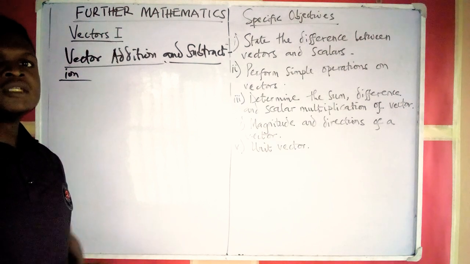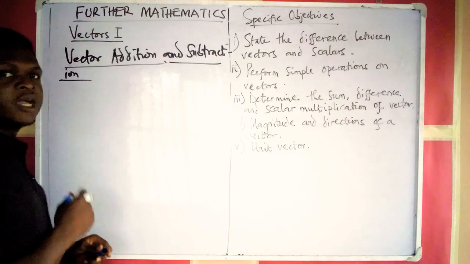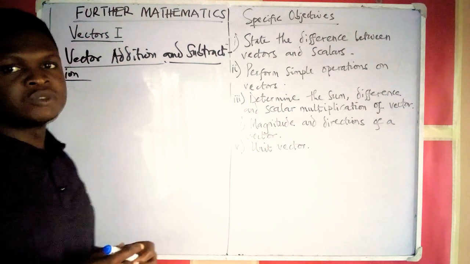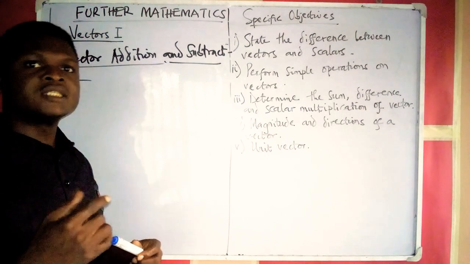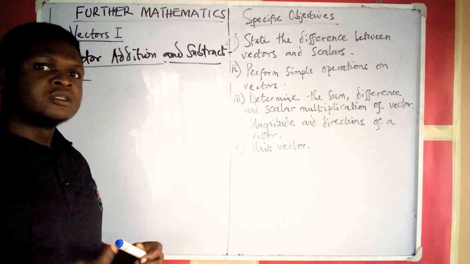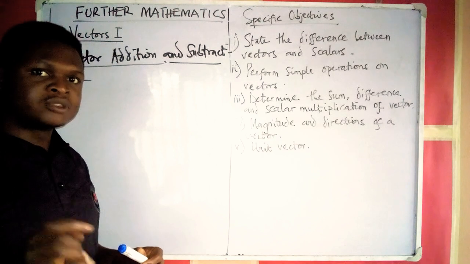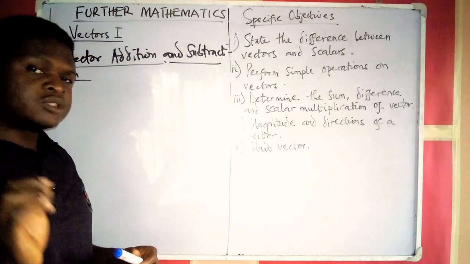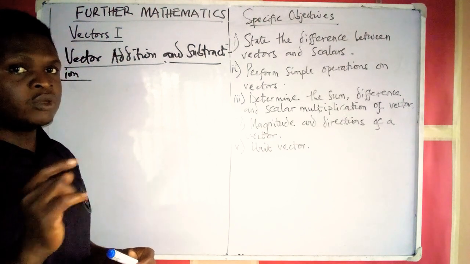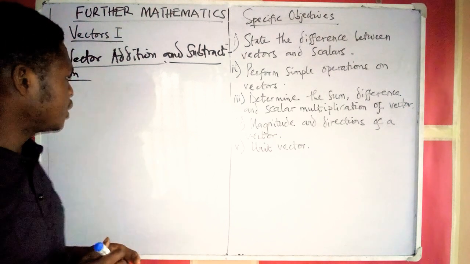Now, talking about the triangle law of vector. Assuming we have two different vectors, we say that the resultant of those vectors can be taken to be the third side of that particular triangle. That is the triangle law of vector. I'm going to use a diagram to illustrate this because we know that vectors are always represented using vector diagrams.